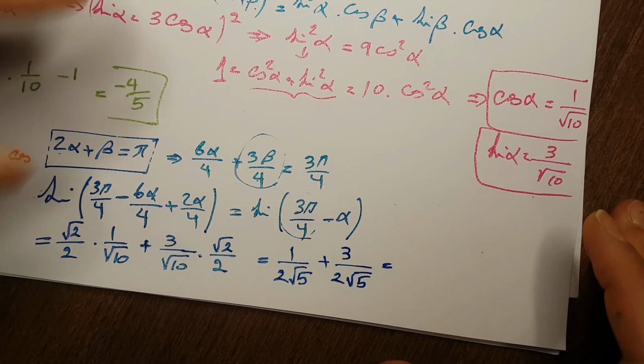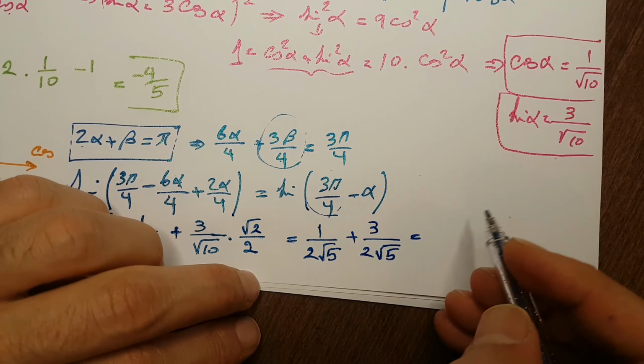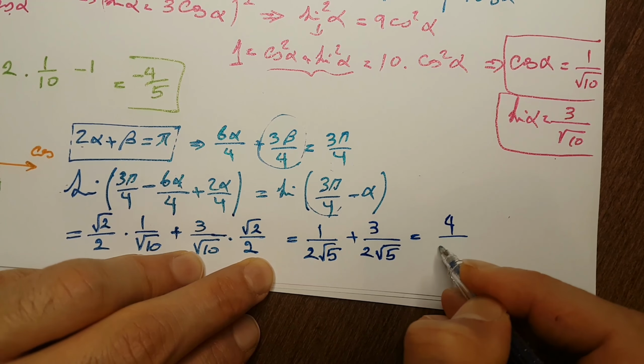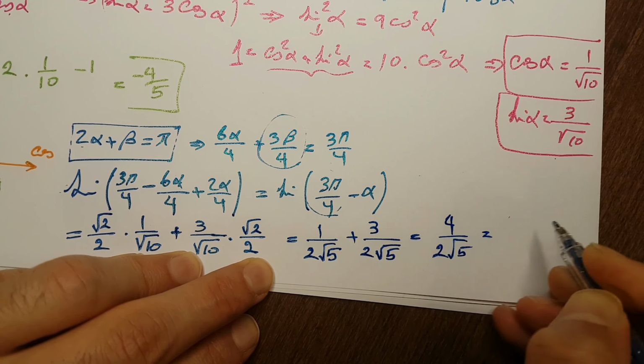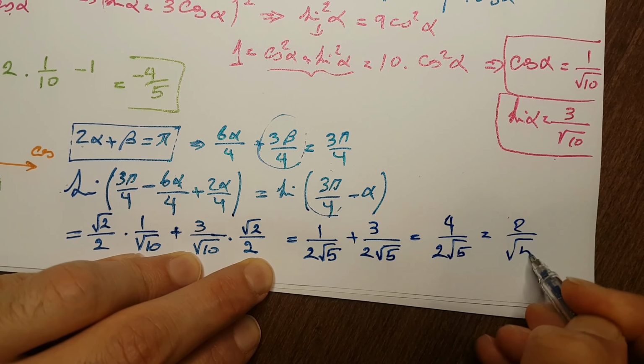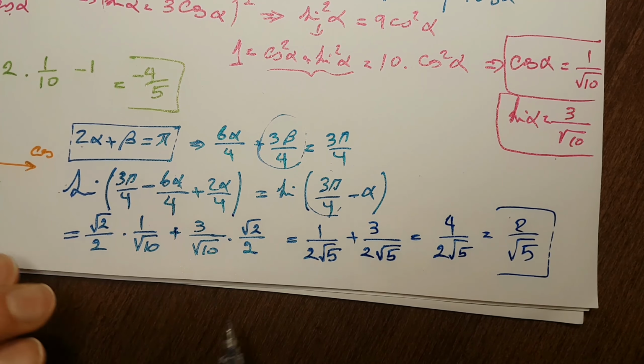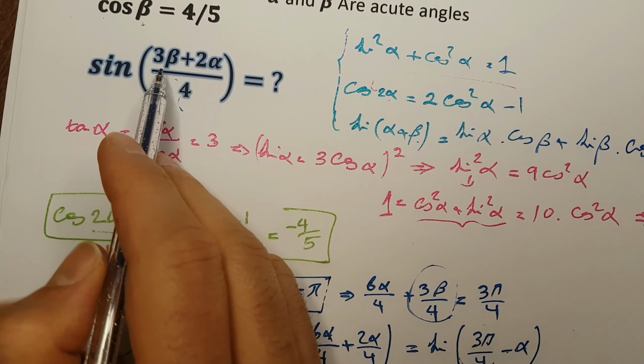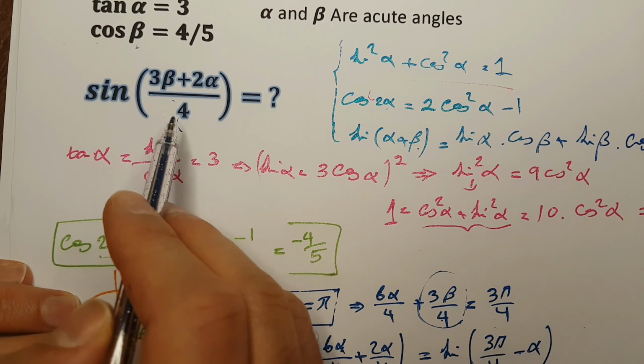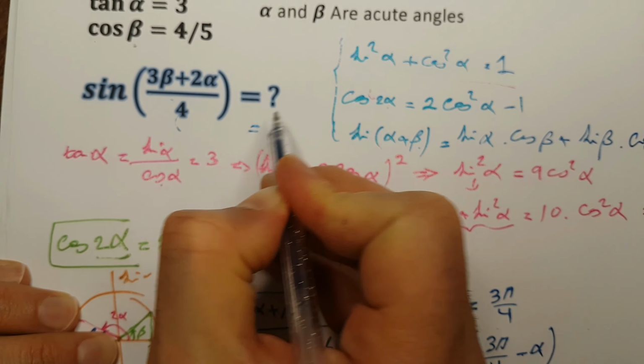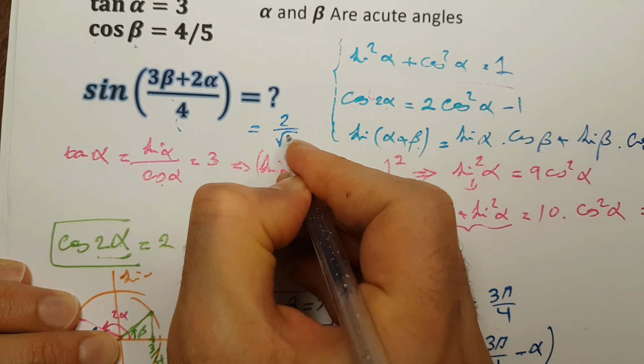This is going to be equal to 4 over 2 square root of 5, which is 2 over square root of 5. So sine of (3 beta plus 2 alpha) over 4 is equal to 2 over square root of 5.